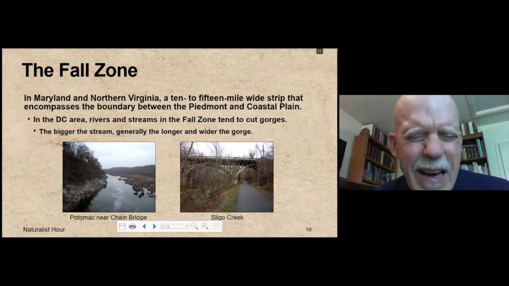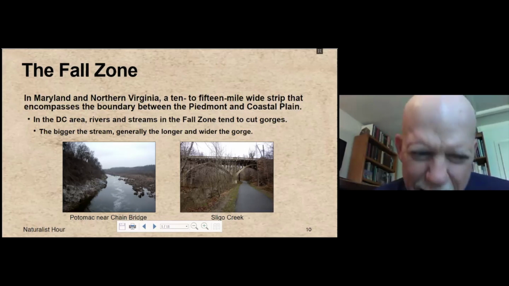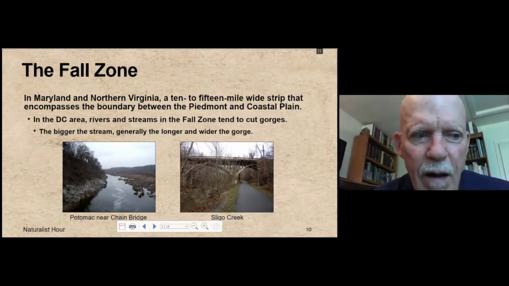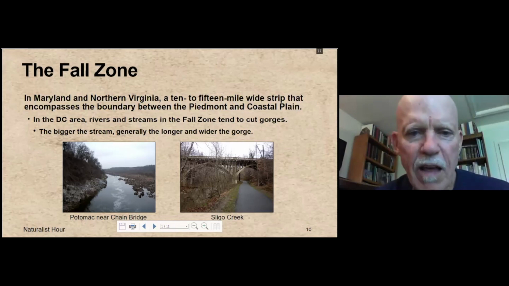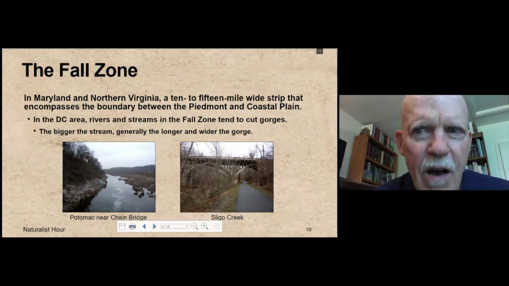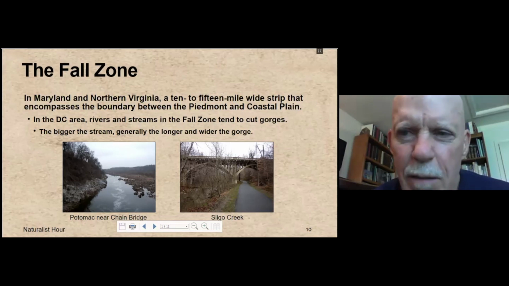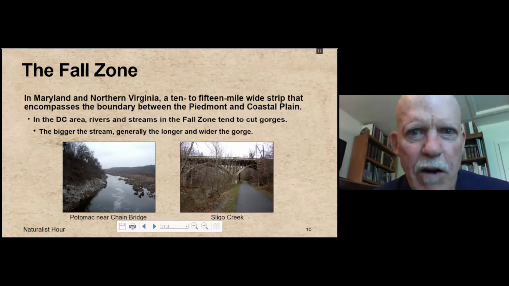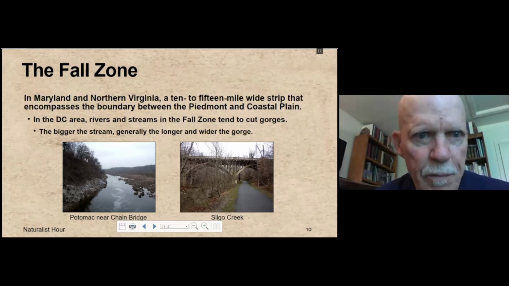And again, at any given spot, you can actually have an edge to the coastal plain sediment and a beginning of the Piedmont hard rock underneath. But the boundary is going to be extremely convoluted. So it's better to think of a band within which this transition occurs.